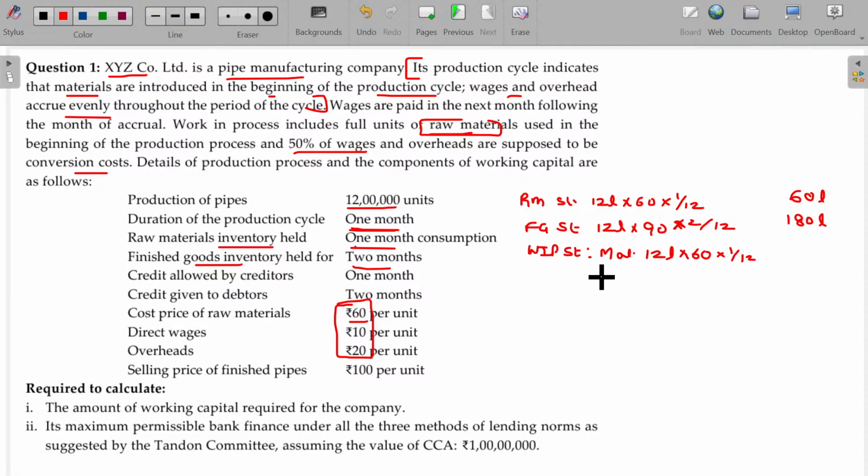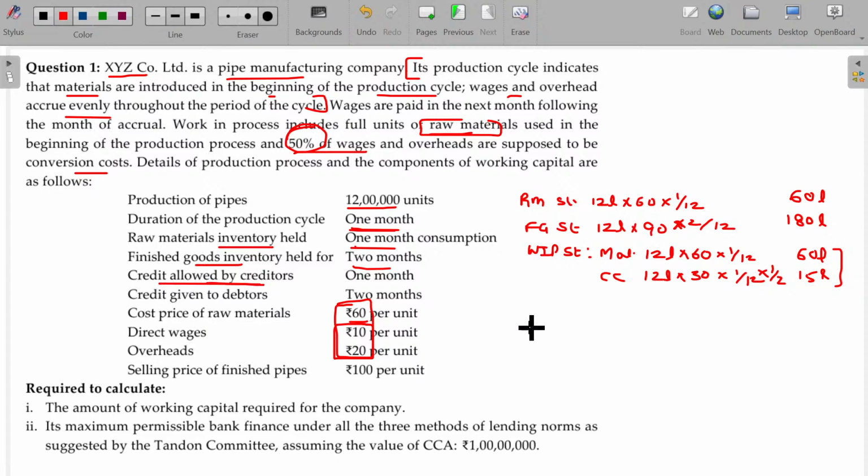In case of conversion cost, other than material, labor and other overheads, 12 lakhs into 30 rupees into 1 by 12, but we introduced only 50% currently. Wages and overheads are introduced only at the 50% rate, but raw materials are introduced at the beginning, meaning 100% already introduced. So 12 into 30 into 1 by 12 into half. This is 15, this is 60, then naturally the work in progress stock value is 75 lakhs.